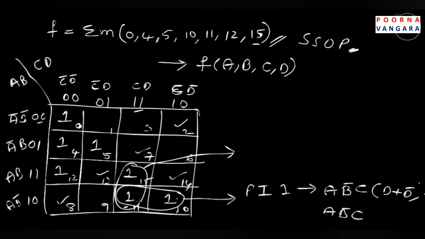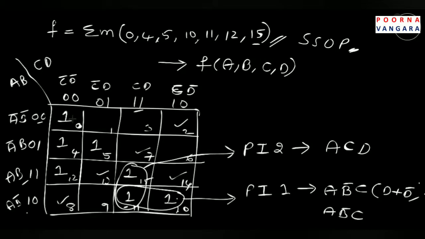This is prime implicant 2. The resultant is, because you have A as common and B is varying, for this prime implicant 2 rows are there, one representing B and the other representing B bar. So B is eliminated and the column is fixed, and the value is A, C, D.